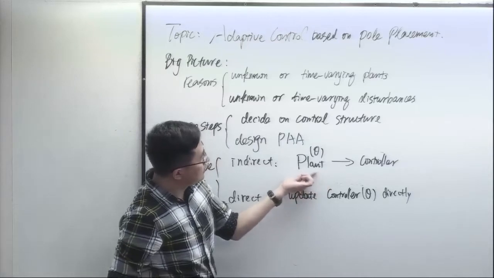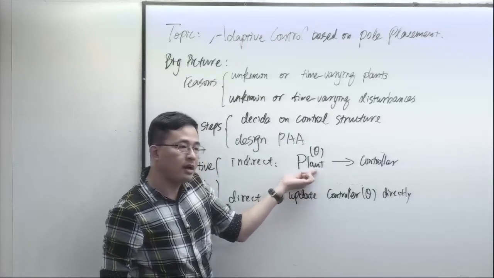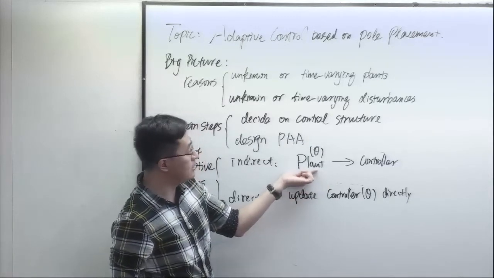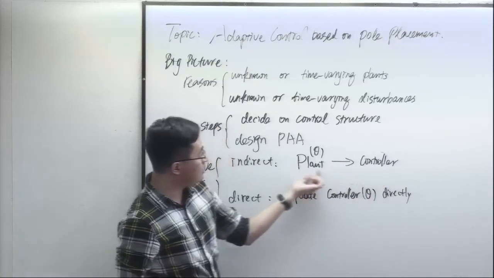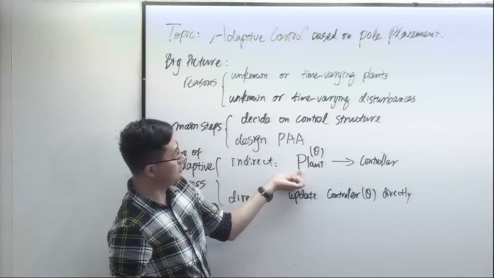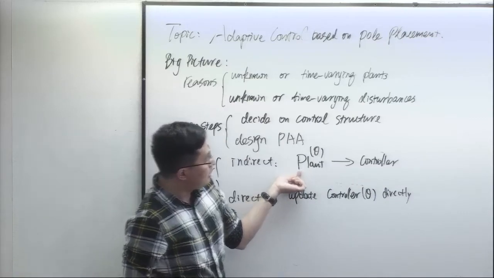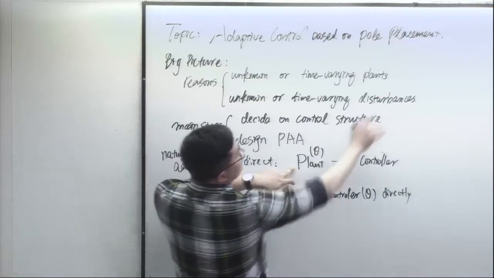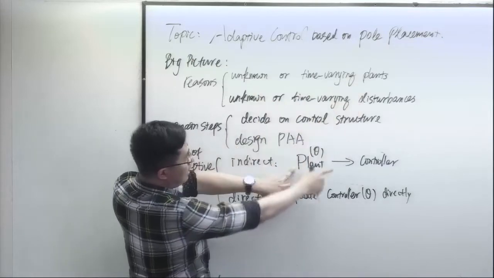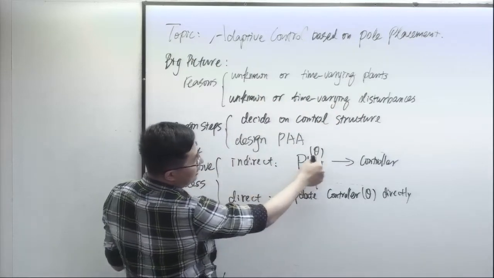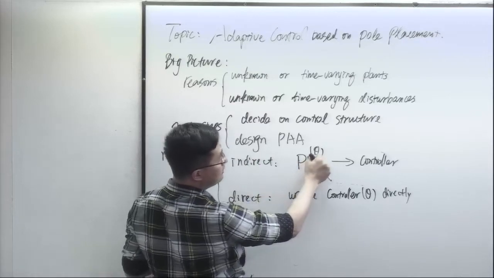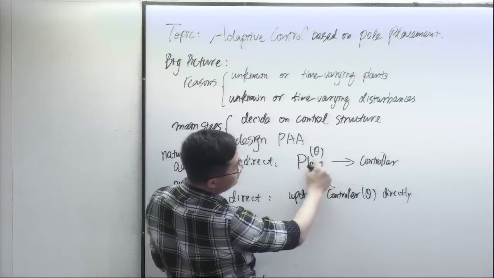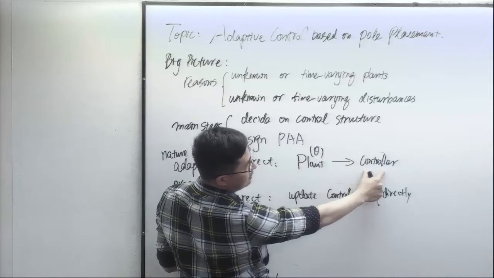Usually, if we know the model of the plant, we do model-based design. So the controller will be designed based on parameters of the model. And in this case, if the plant parameters are unknown or time varying, then we can identify this on the fly first, so we can learn theta first, and then use theta to update the controller.